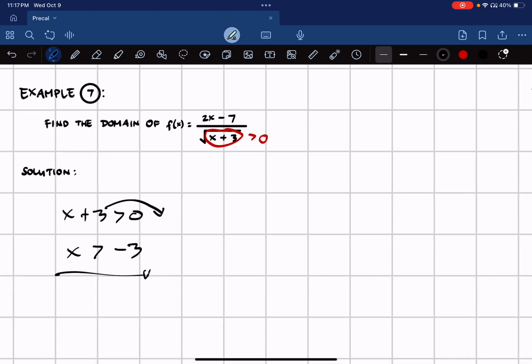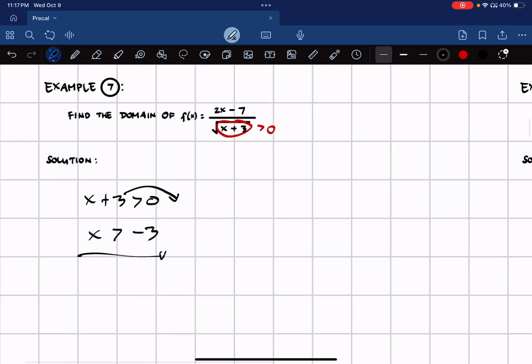So, if that is our only restriction, we can skip the number line, but for visualization, let's do it anyway. Negative infinity, positive infinity, negative 3. Since negative 3 is not included, open circle. Open circle.